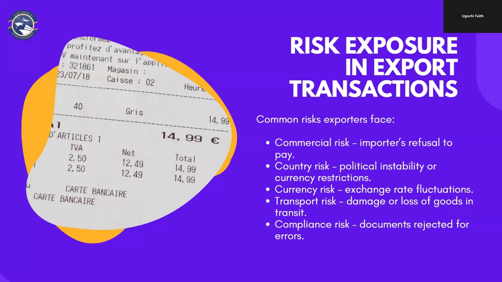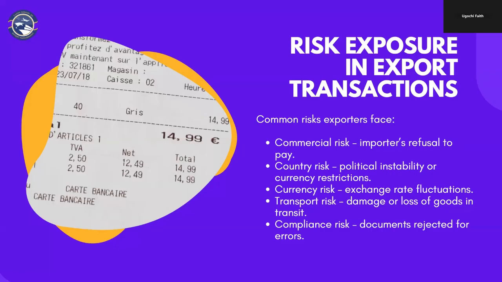So when the exchange rate is not balanced or fixed and it's just fluctuating, it causes a lot of havoc for lots of investors. It discourages investors from coming in to do business with the locals because they will just be thinking about how they are going to get their money out.